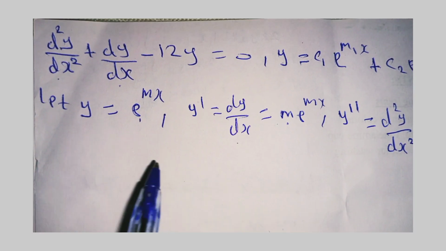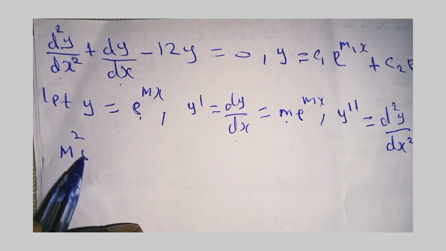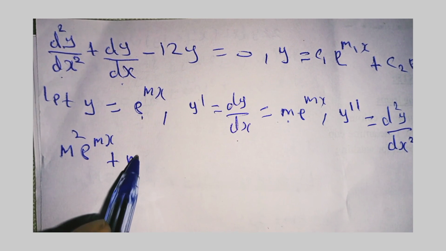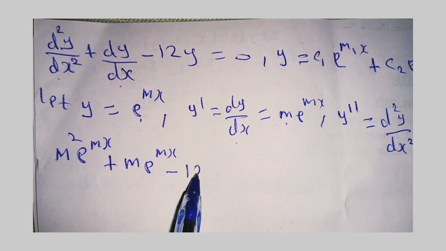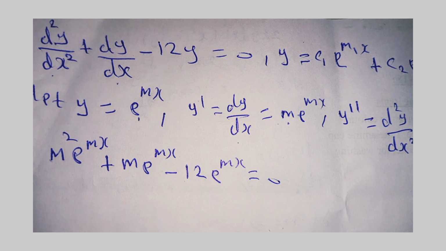So we substitute so that we obtain m squared exponential mx plus m exponential mx minus 12 exponential mx equal to 0.